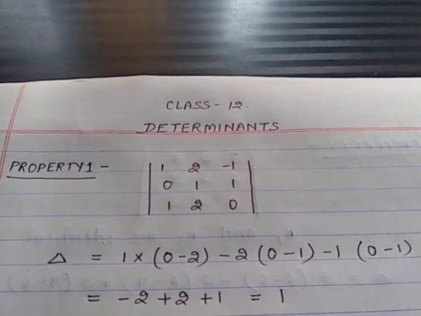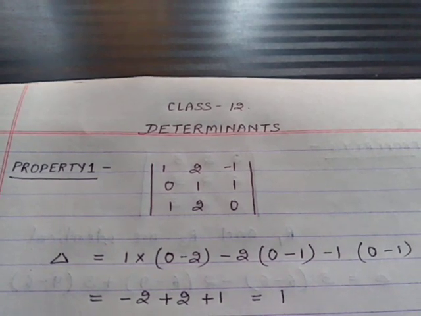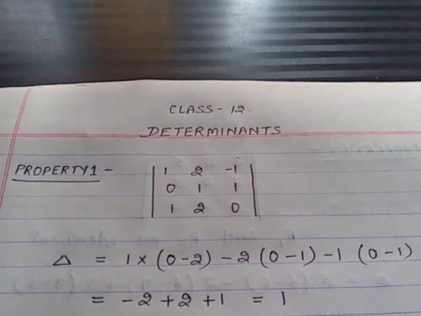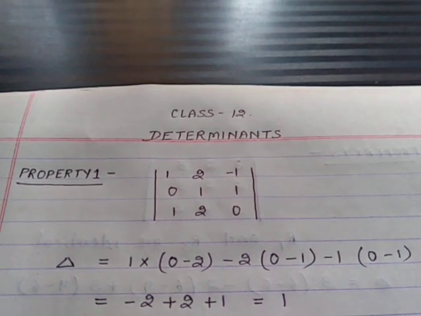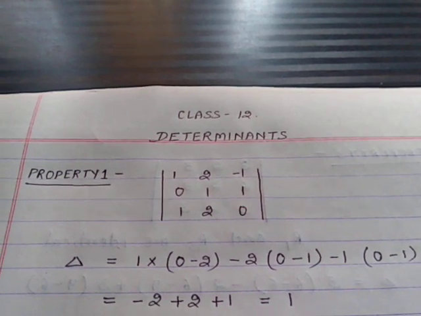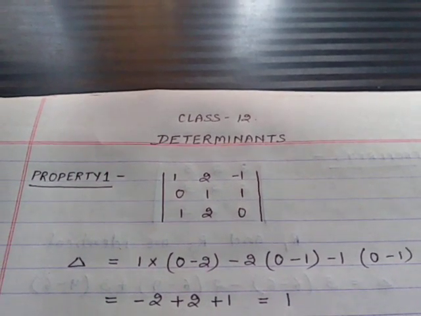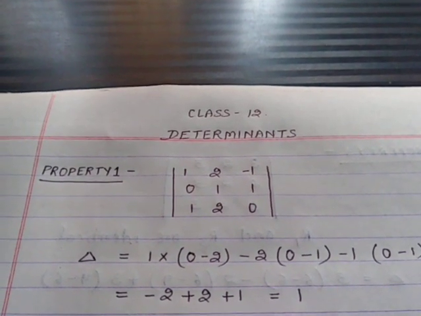1 equals 1. Now property number 1 states that if we interchange either its rows and columns, then its value remains the same, unchanged.